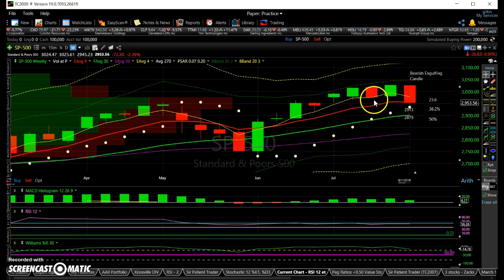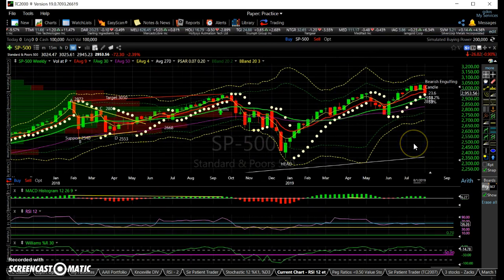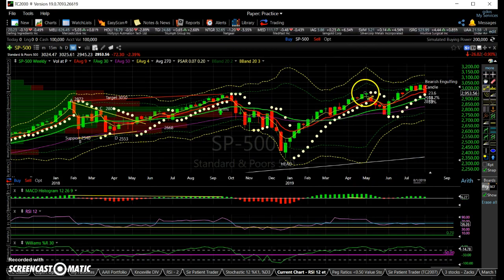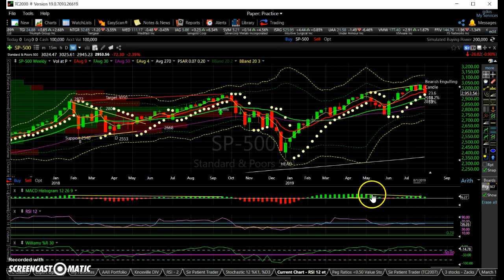So we still have the moving averages above each other, indicating an uptrend, but we're showing some weakness here. And if we go down to the MACD histogram, you could see that divergence, because if we plot a line here from high to high, and another from this high of the Bollinger Band to this high here, you can see that there's a divergence.